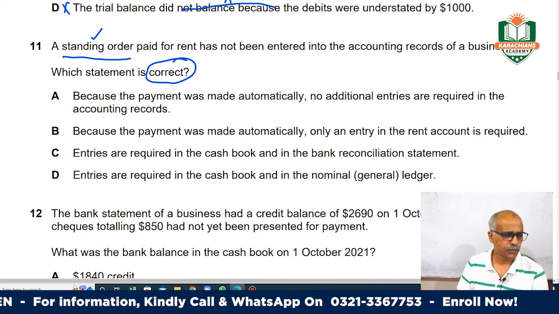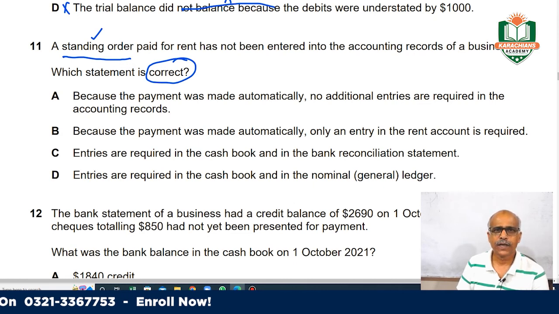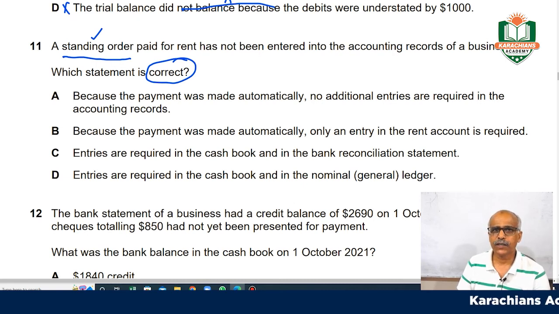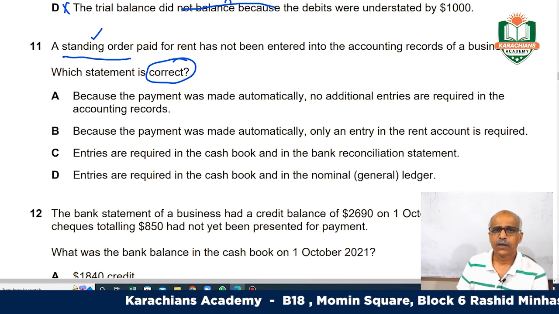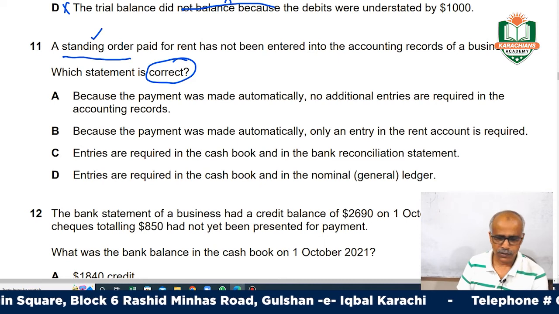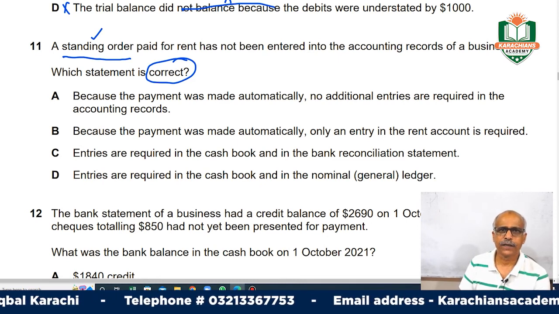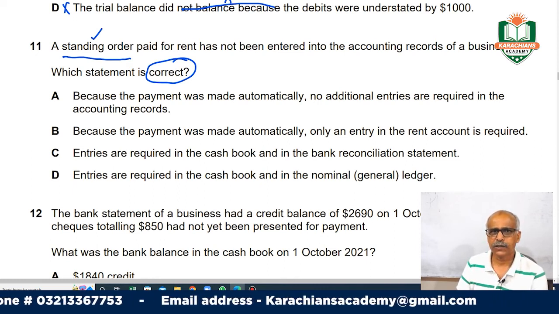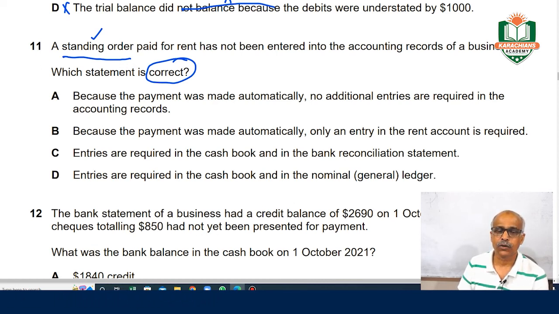So what happens is the bank makes the payment, but sometimes your accounts department, your cashier, does not record it, and when he sees the bank statement online or by mail, he realizes this is some kind of mistake or omission. Hope this is quite clear to you. In the statement the bank always debits you. It is you people who do not record it. At a later stage you have to record that.